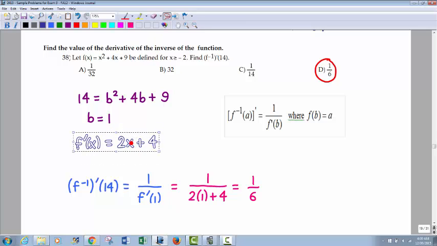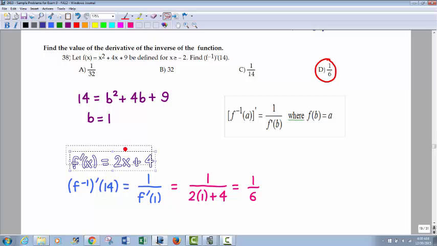So f inverse prime of 14, by this definition, is 1 over f prime at 1, the b that we found.